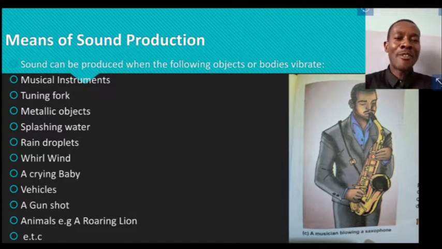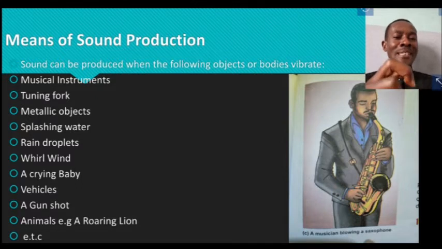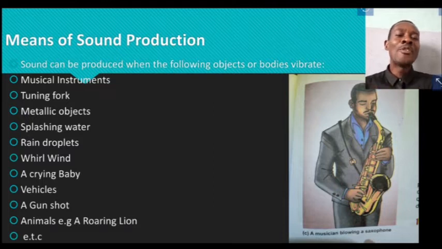And as this part of the saxophone vibrates, sound automatically proceeds from inside the saxophone, and you are able to hear it because the air around the musician carries the wave up to your ear.